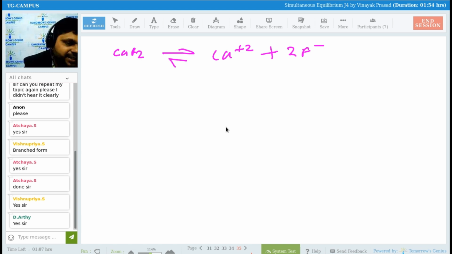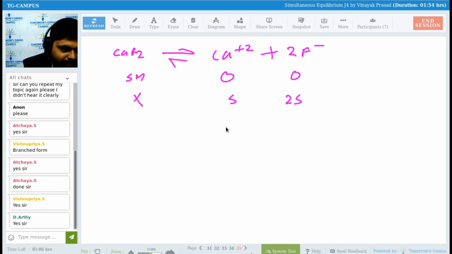Let the initial concentration be S mole. So their initial concentration will be 0 and 0, because in the starting the reaction is not happening. After some time we have S, and for the 2, since the coefficient is 2, we write 2S. Getting my point? Is it okay?